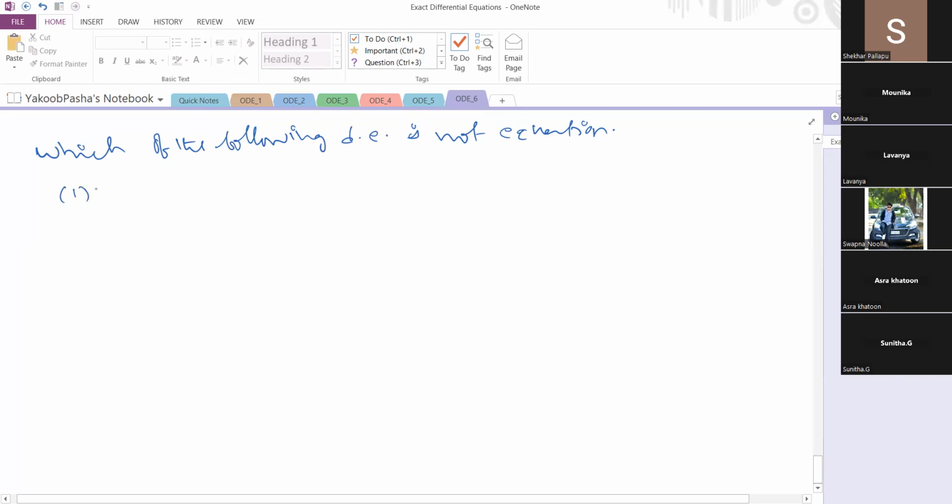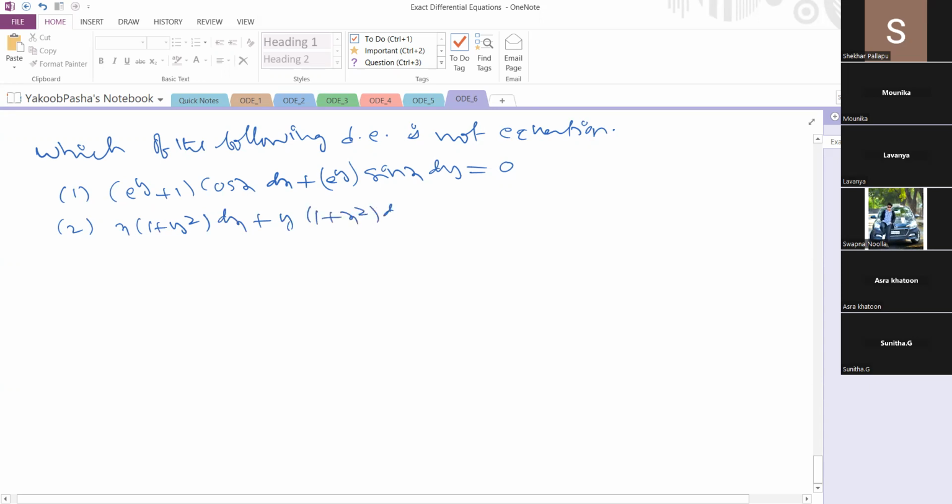First option, e to the power of y plus 1 into cos x dx plus e to the power of y into sin x dy is equal to 0. And second option, x into 1 plus y square dx plus y into 1 plus x square dy is equal to 0.